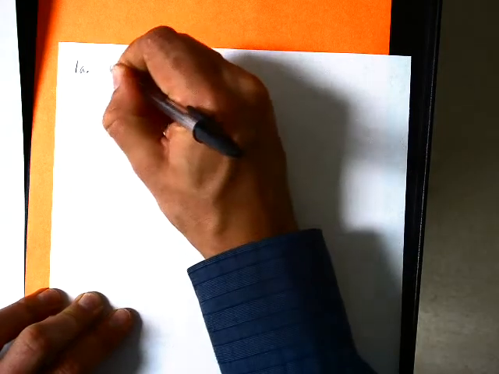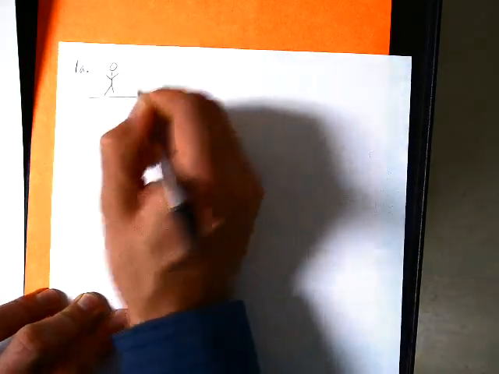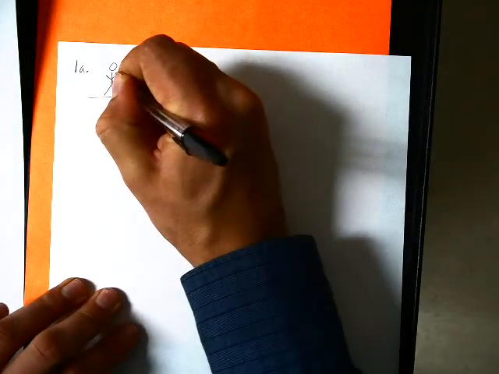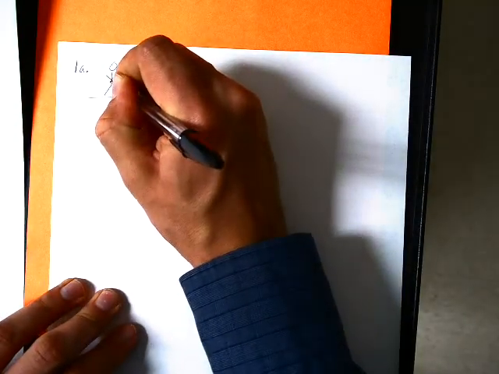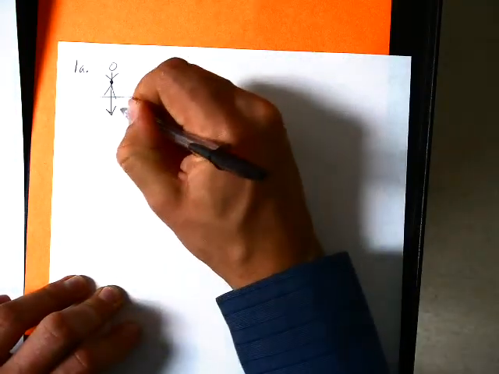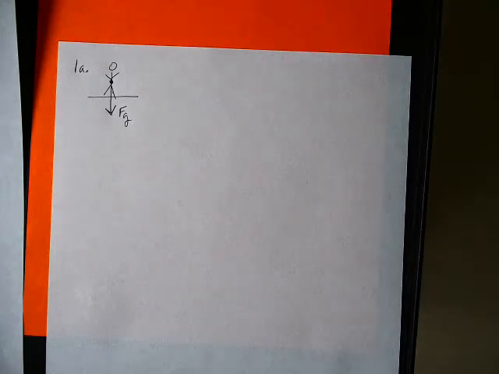So 1A, what do we have? A person standing on the ground. First off, we know that on Earth, gravity is a force that acts on all things. So we have the force of gravity, pulling us downward. Are we moving down?